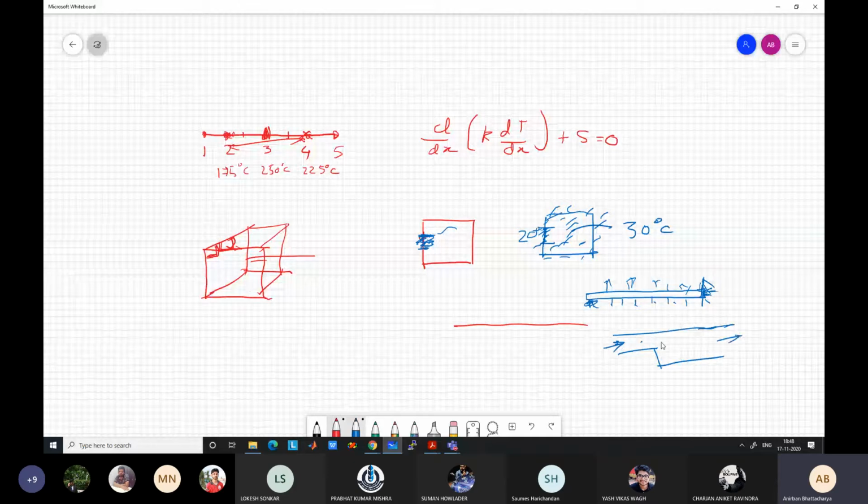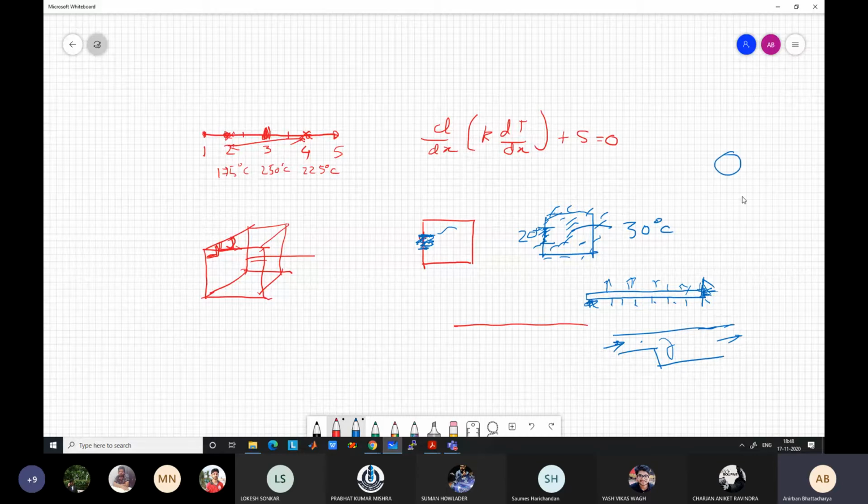So because of this step, how the flow pattern is changing. This type of problem I can solve. Or there is a cylinder or an aerofoil or some other body, some other structure, and flow comes from one side, goes out from the other side, and how the flow pattern changes around this. That also you can solve, this type of problems.